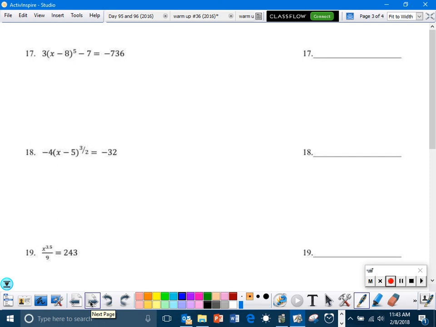So looking at this equation, I see 1, 2, 3, 4 things to get rid of to get x by itself. So that must mean it's going to take 4 steps. Step 1, add 7. Step 2, divide by 3.